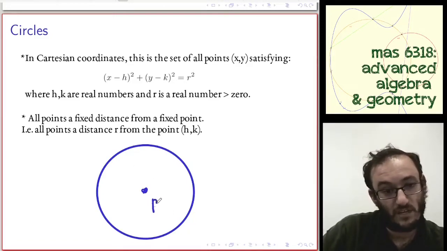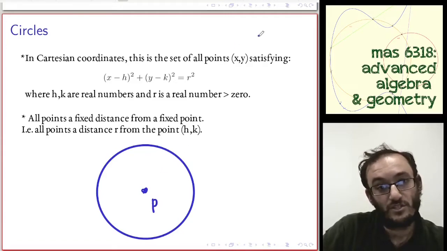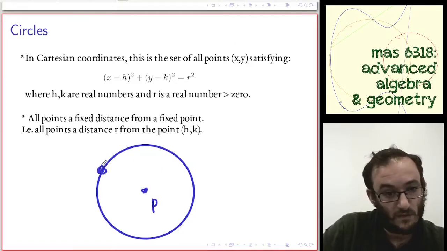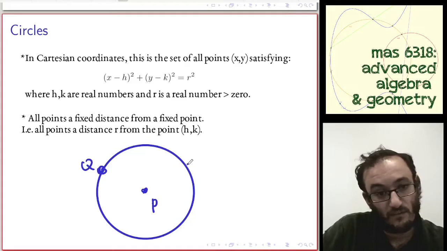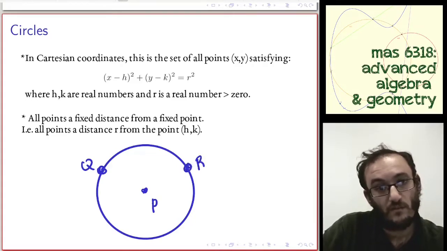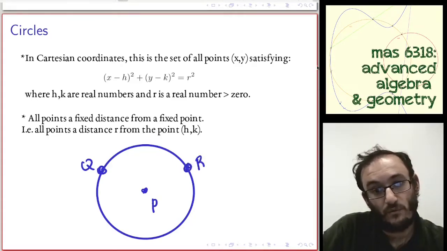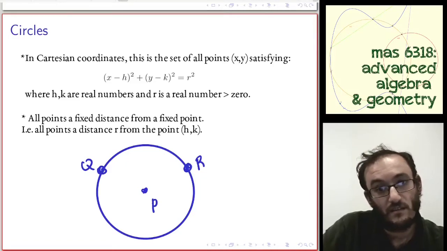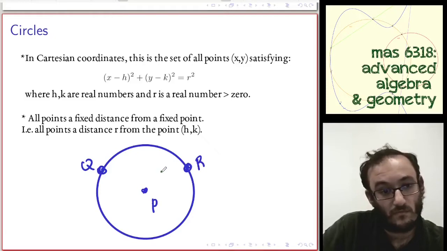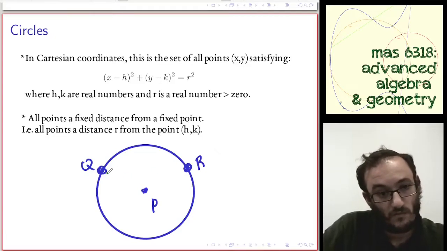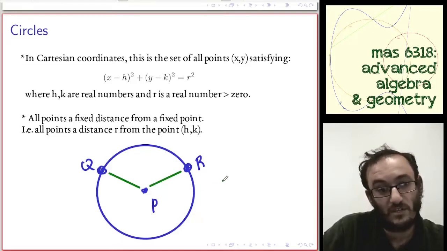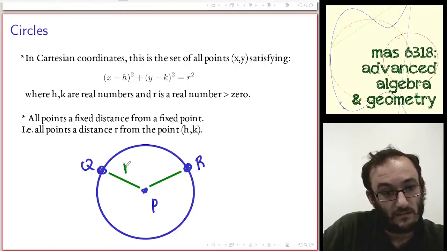Let's call that P. Then if we choose points on the circle itself, we would expect that this line segment and this line segment are equal, and they will have length r.